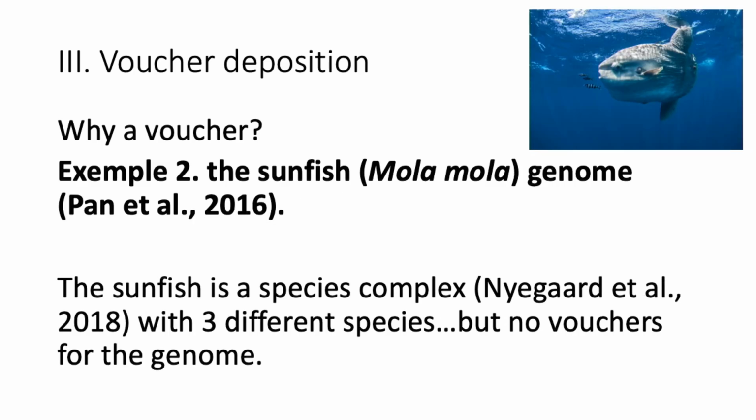Another example, a massive fish, the sunfish, Mola mola, the genome was published in 2016, and 2 years later only, it was shown that it's actually a species complex with 3 different species. Unfortunately, no vouchers were kept, so we don't know which one of these 3 different species was actually sequenced.